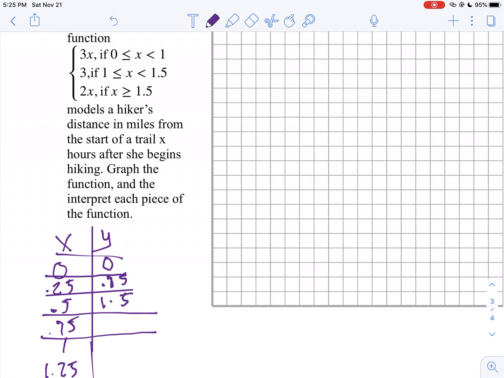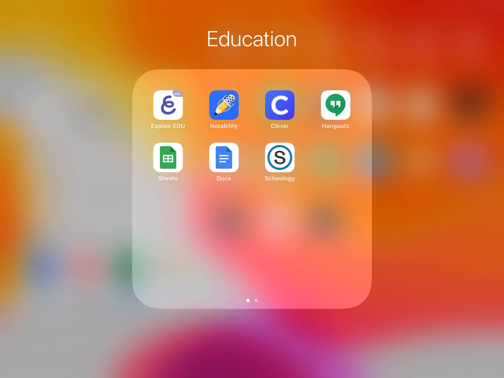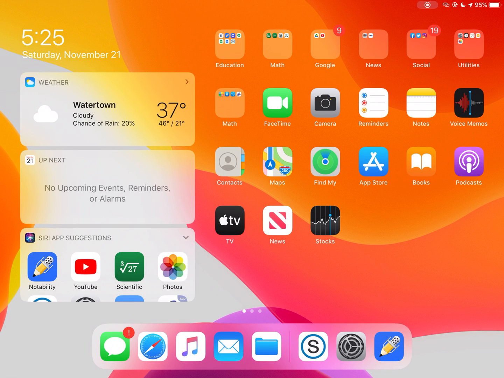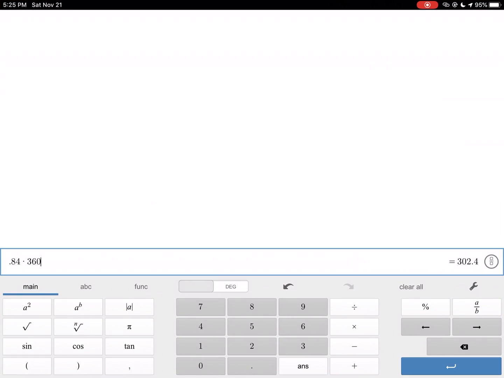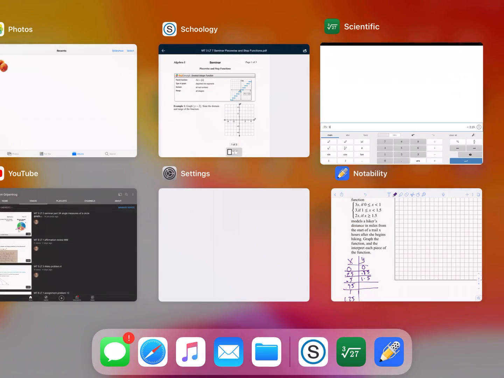What's 0.75 times 3? I think that's 2.25, but I'm just going to use my calculator to double check. So if I take 0.75 times 3, yes, it is 2.25.